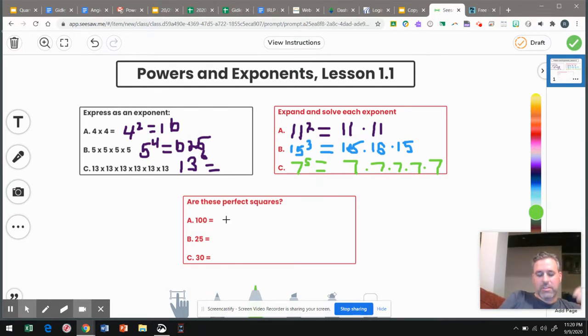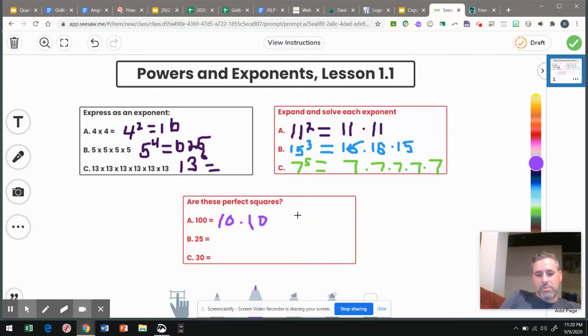You have to think to yourself, what number can I multiply by itself to get that number? Is there something that we can multiply twice to get 100? Well, yeah, absolutely there is. That's the number 10. So we're going to say 10 times 10 would make a perfect square because it equals 100.